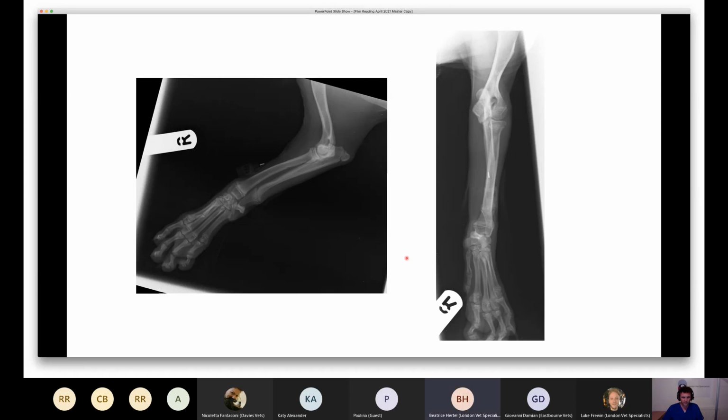There are 2 orthogonal projections of both elbows in a skeletally immature dog. On the lateral view, there are no major changes that I can point at.